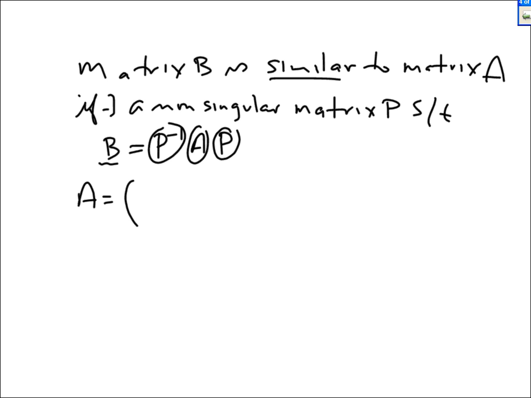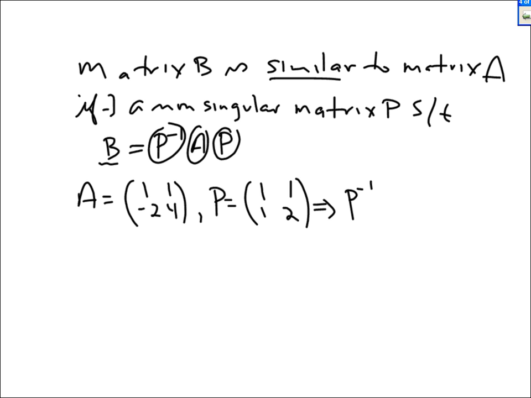If A is equal to 1, 1, negative 2, 4, and you're given that P is 1, 1, 1, 2, and you're asked to find a matrix similar to A. Well, first you have to find P inverse.